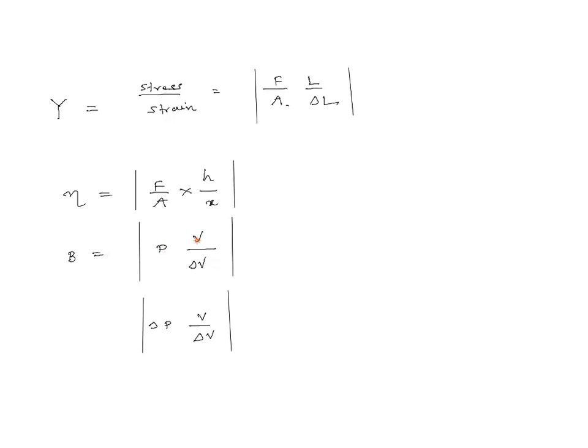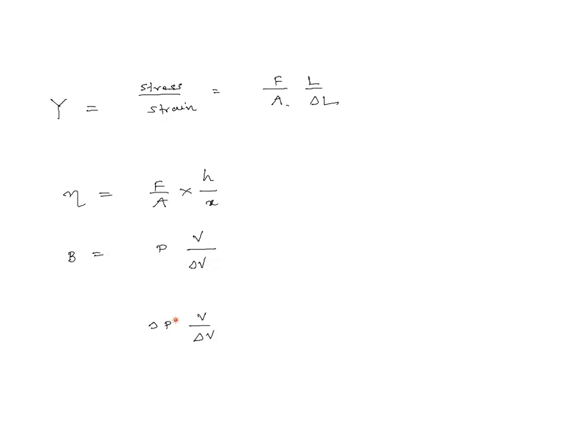Here, delta L, if you put mod over delta L, it's enough. I think I will just remove it and say that make it positive. That's it. Make it positive. Now, if you increase the pressure, volume should decrease.